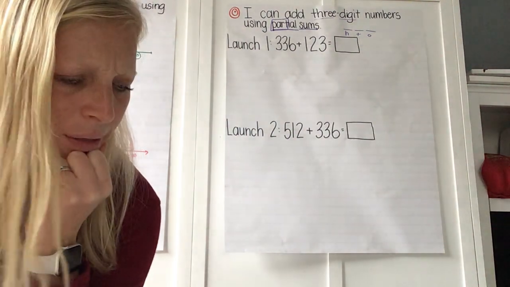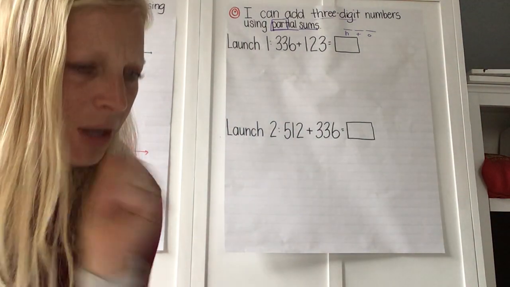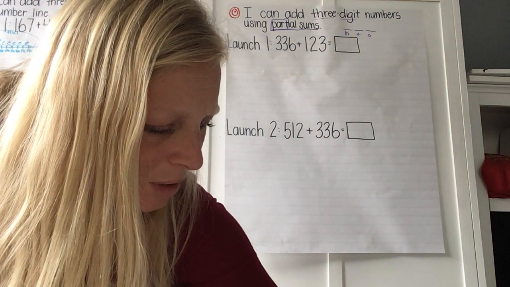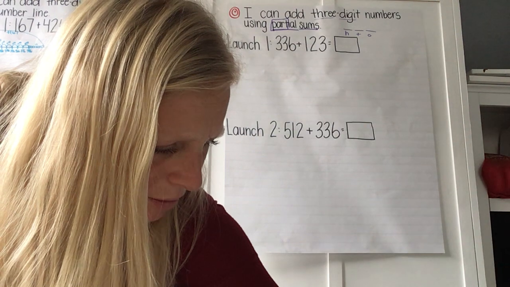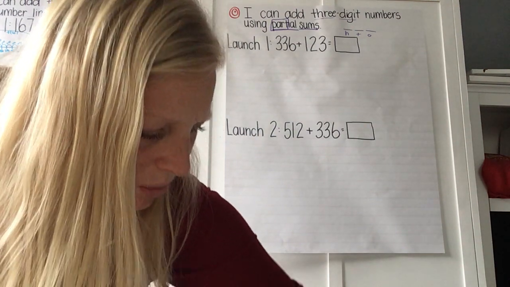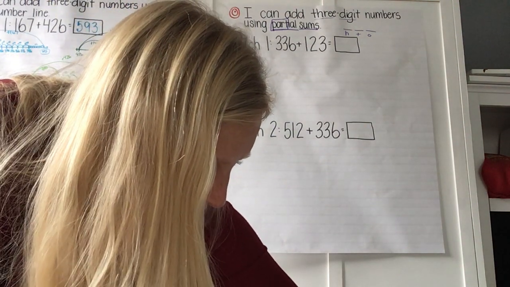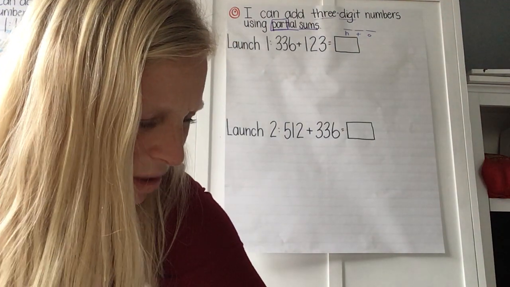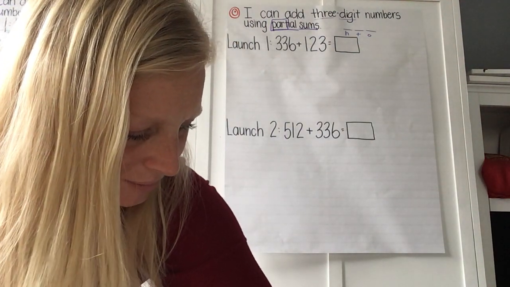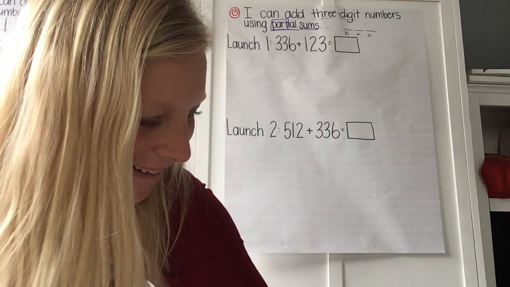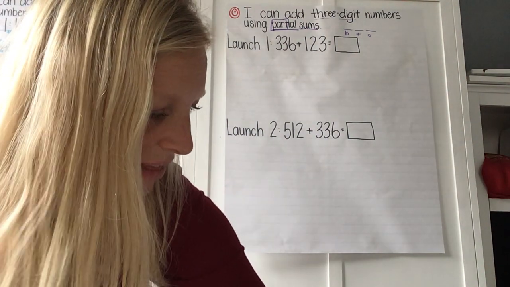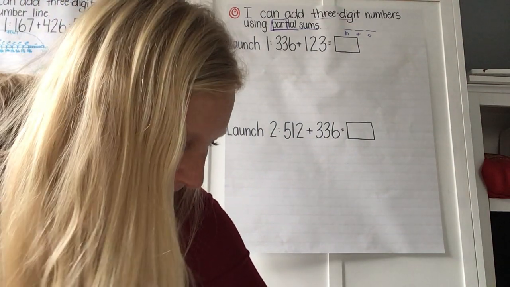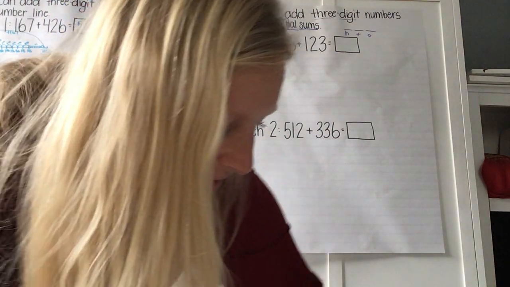How much is that worth? How many hundreds did you have? How much is that worth? If you had this many hundreds, this many tens, and this many ones, what number does that make? Why didn't you write it like this? Very good. That would be a really big number, wouldn't it?